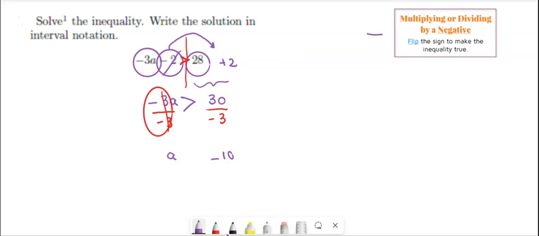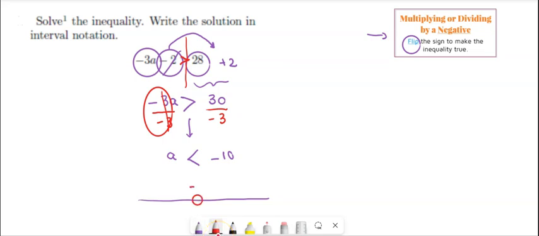According to the rule, if you multiply or divide by a negative number, you must flip the sign. Especially in exam conditions, you might forget about this, so you need to turn it the other way around.